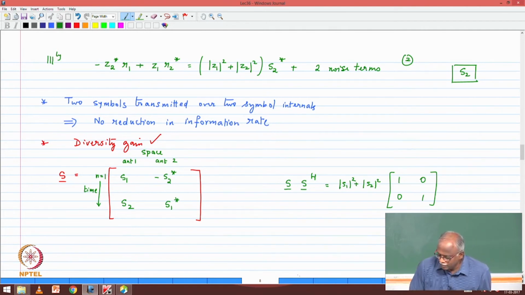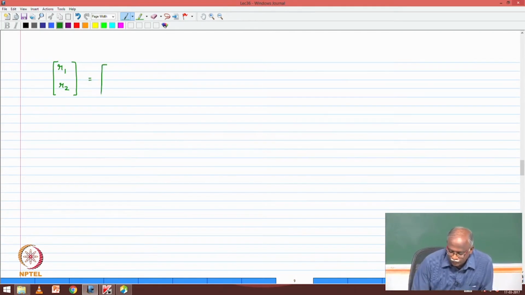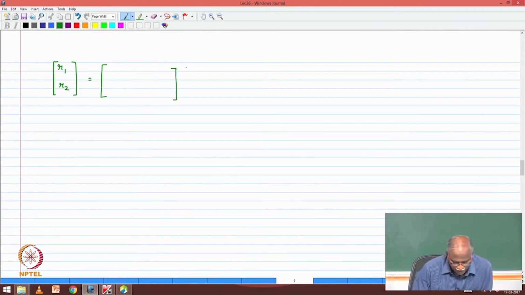Okay. Now, to do a little bit more linear algebra, because a lot of these insights become very handy. I want you to write down R1 and R2, the two signals that are received by the receive antenna. There's only one receive antenna, at 2 instances of time. I want you to write it down in matrix form. And the matrix form representation is very useful and important for us.